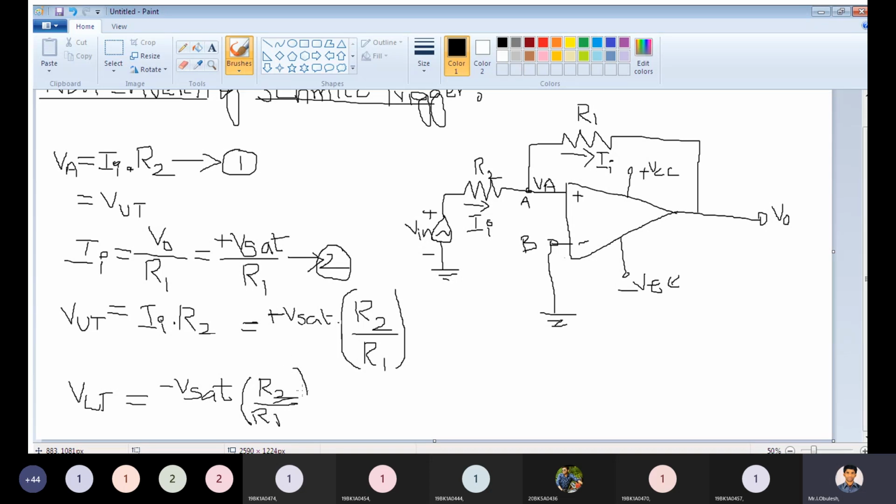So assume that is equation number 3, and this is equation number 4.